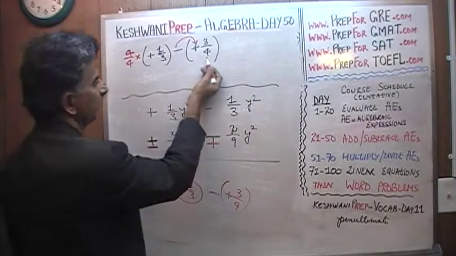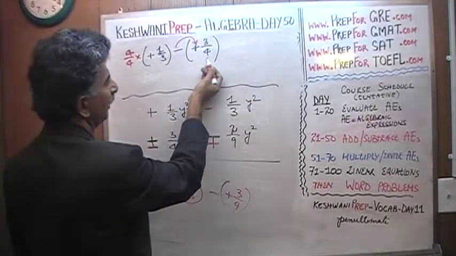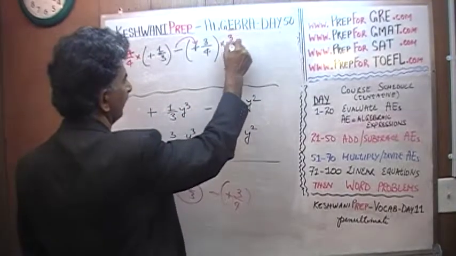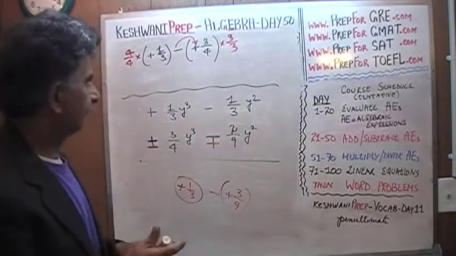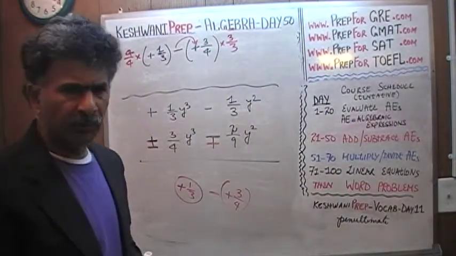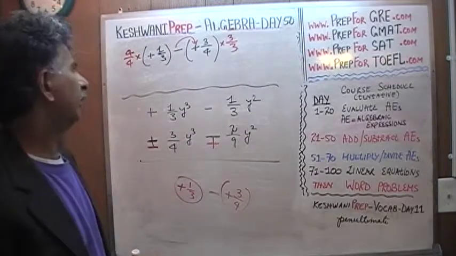How do we convert this bottom fraction's denominator into 12? Multiply the top and bottom of this fraction by 3, not 3, but rather 3 over 3. Not 4, but 4 over 4 is what I meant to say.